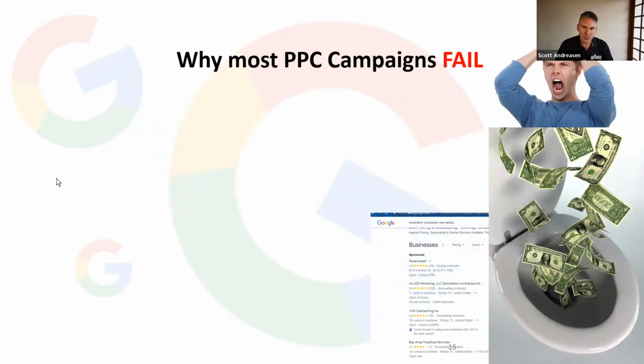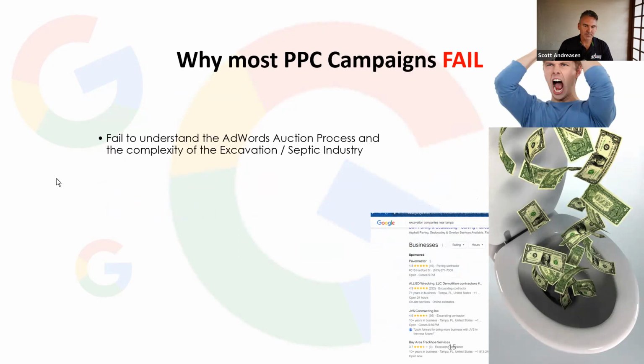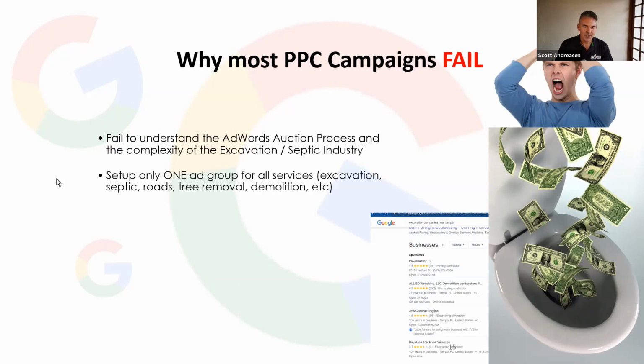Now, why do most PPC campaigns fail? I talk to excavation and septic business owners pretty much every day, and I hear a lot of the same things, that, you know, I've invested money, I've never made a return on Google Ads, and so let's cover why that would be, because it's quite common. They fail to understand the Adwords auction process and the complexity of the excavation septic industry.